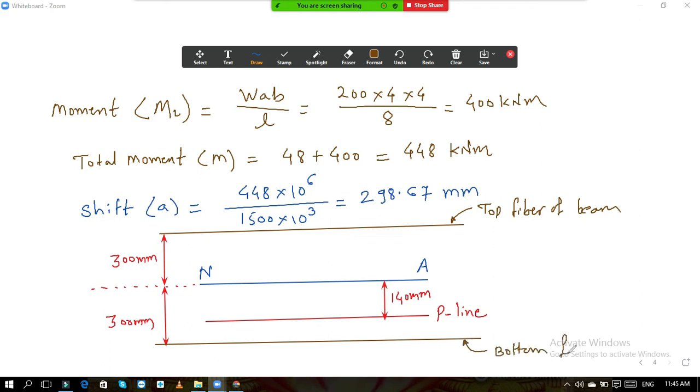So now if you see the distance, if you calculate this bottom distance, how much is it?